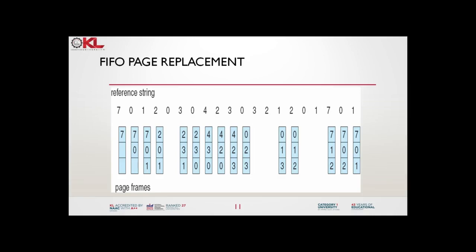That is 7, 0, 1, 2, 0, 3, 0, 4, 2, 3, 0, 3, 2, 1, 2, 0, 1, 7, 0, 1. This is a reference string. This reference string is considered as pages which are available in the secondary memory.